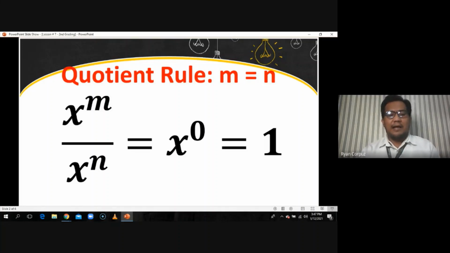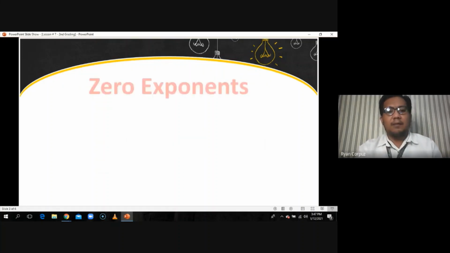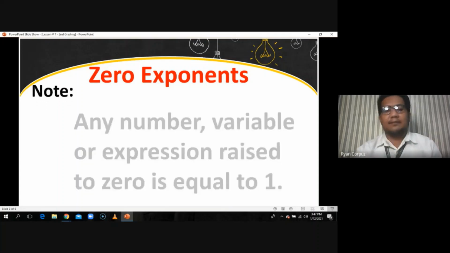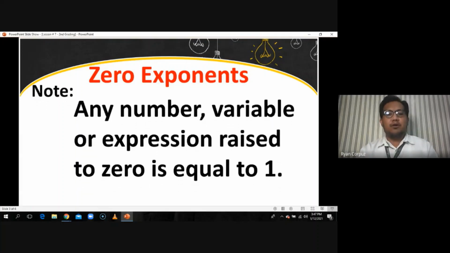So ano ang kailangan nating tandaan in zero exponents? Sabi dito, in zero exponents, you have to take note that any number, variable, or expression raised to 0 is equal to 1. So, madali lang naman intindihin.